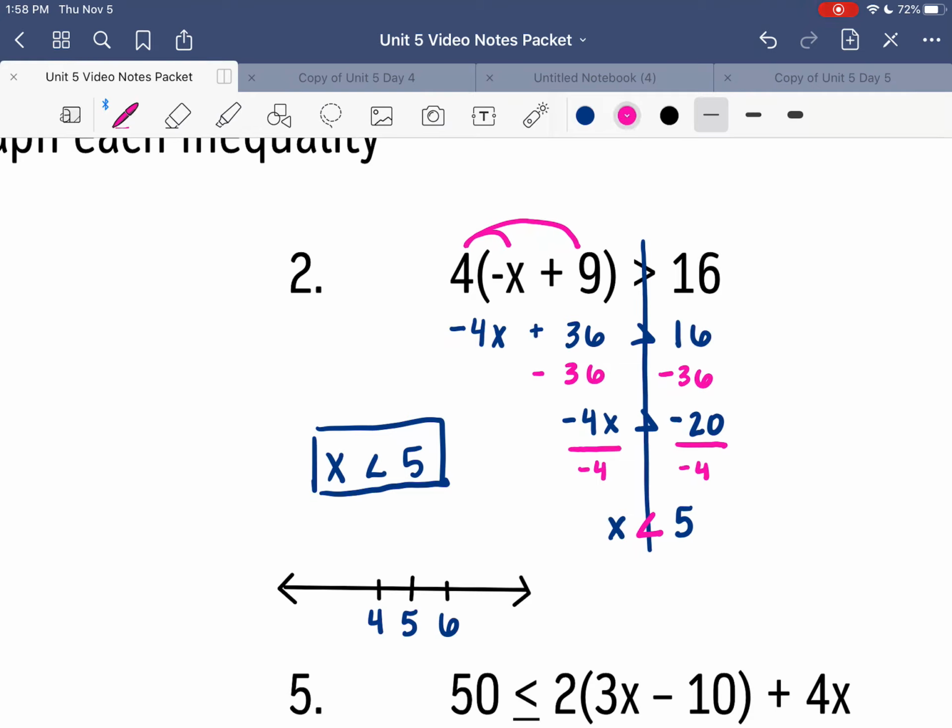Now for this problem, I'm going to have an open circle at 5. I have an open circle at 5 because there's no equal to piece under my symbol. And it's less than again, so again we're going to be going to the left. So any number to the left of 5 is part of my solution.